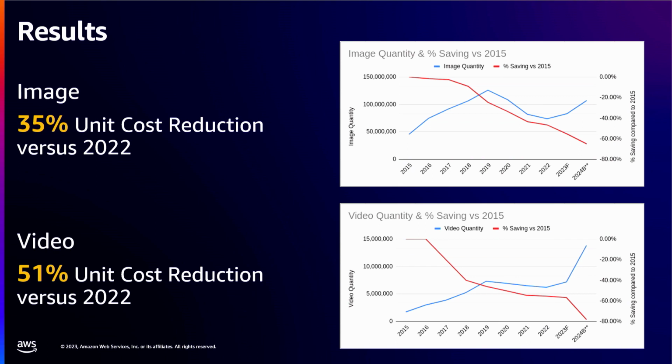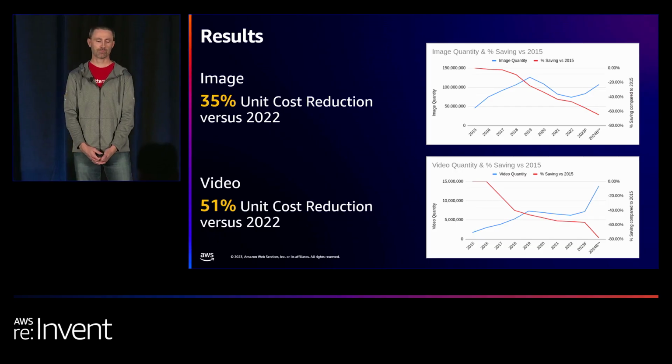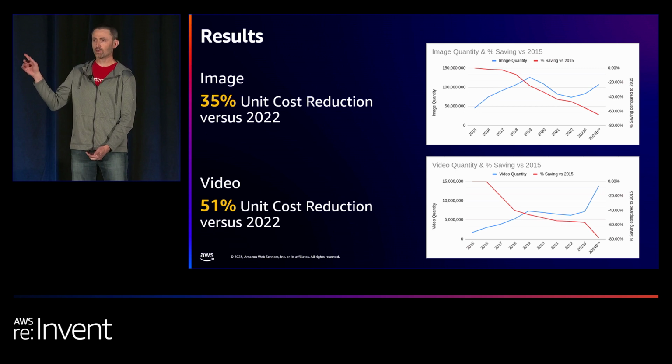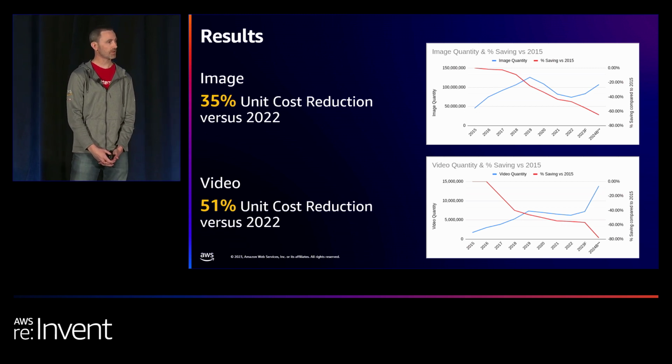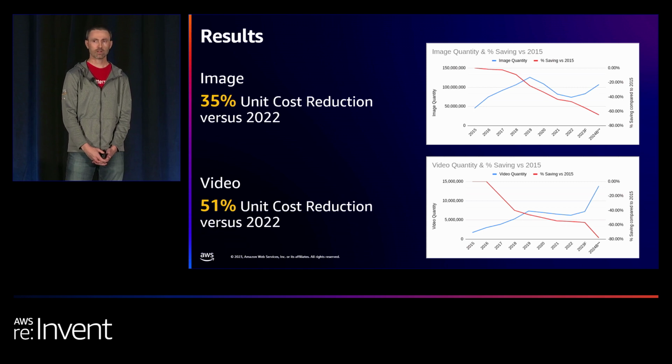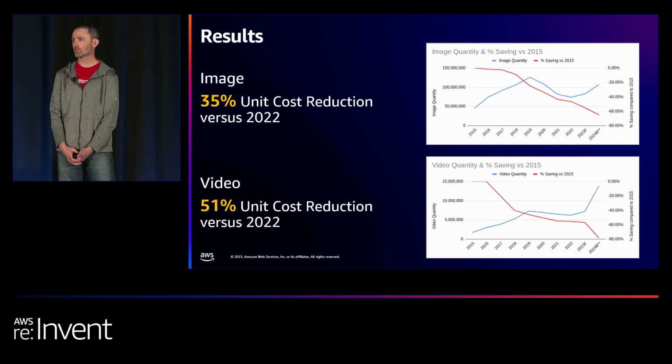The results of these activities combined on the image side was a 35% cost reduction compared to 2022. On the red line, you can see that that is the baseline cost comparison to 2015. And the blue is our submission volume rate.